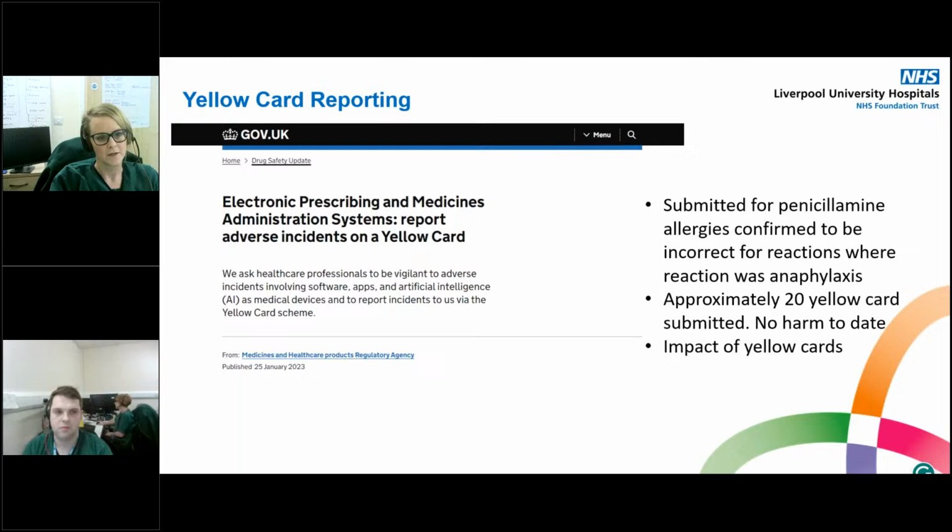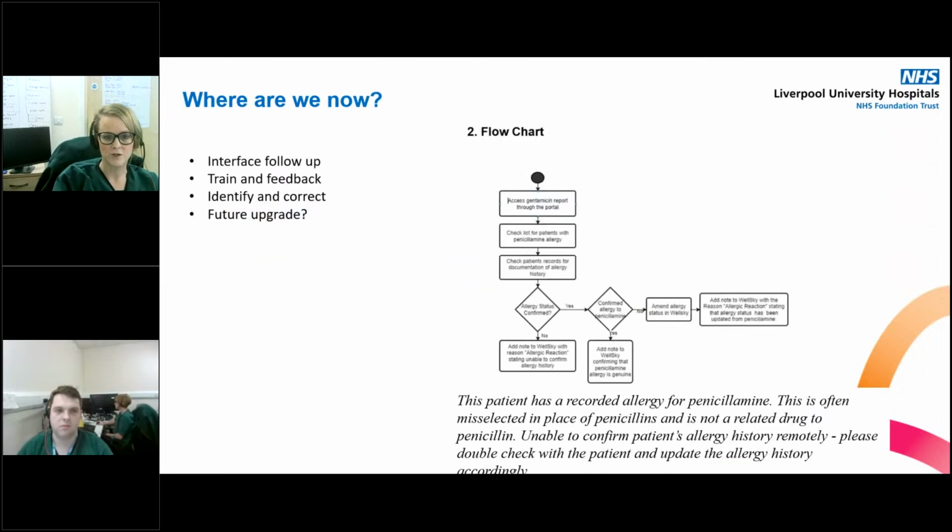Next slide, please. Just in terms of summing up, where are we now? We aren't actively following up any penicillamine allergies which may have slipped through the net, given our rapid turnover of patients, whereby they may have been seen in the AED department, which is something we will have to consider.